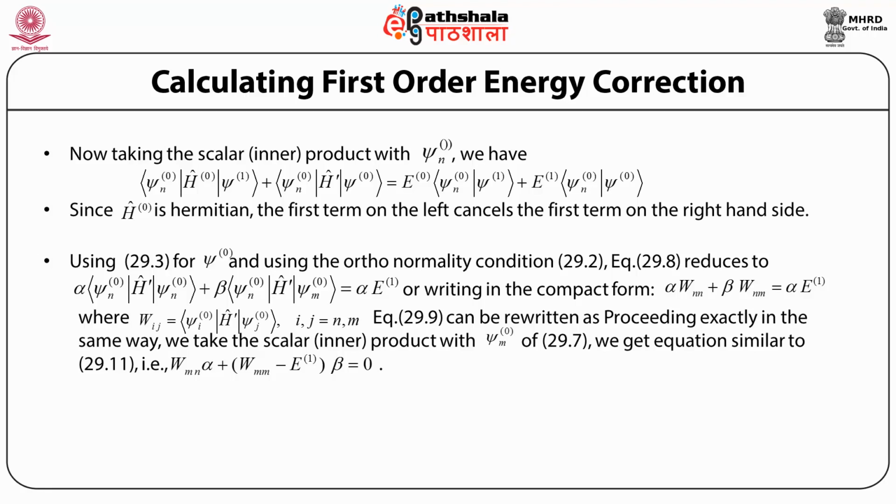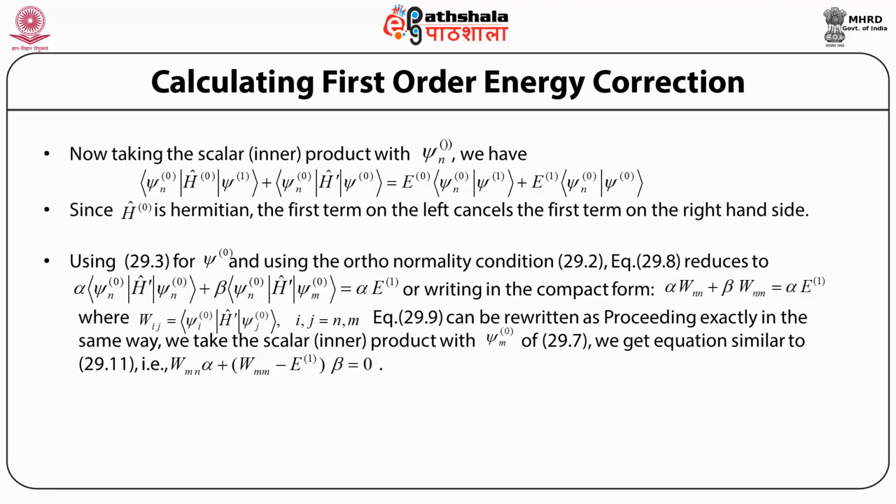Or writing in compact form, alpha into Wnn plus beta into Wnm equals alpha into E1, where Wij is the matrix element of H prime between psi i0 and psi j0, where i and j equal n and m. Equation 29.9 can be rewritten as (Wnn minus E1) into alpha plus Wnm into beta equals 0.